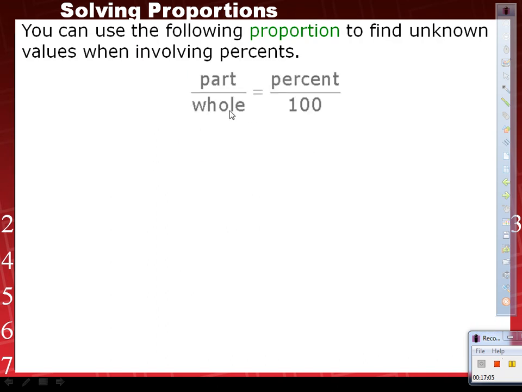Who's heard of the term part over whole equals percent over 100? Some of you. Some of you saw it a different way: is over of equals percent over 100. Who remembers that one?